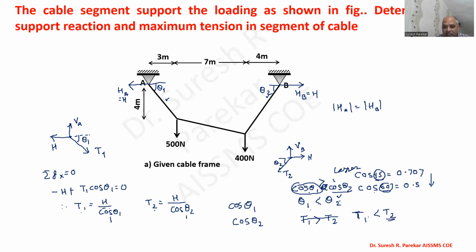And as cos theta 1 is greater, then we have T1 lesser. So if the denominator is less, the numerator will be greater. If the denominator is greater, the numerator will be less. So always keep in mind, whichever theta is greater, your tension on that side will be the larger one. That we have to keep in mind.